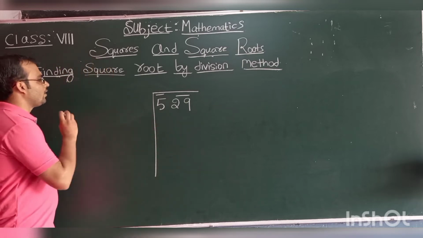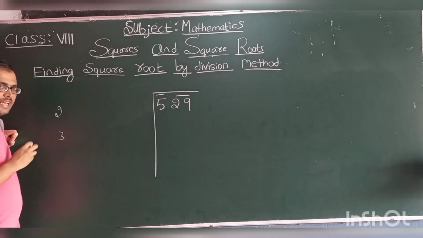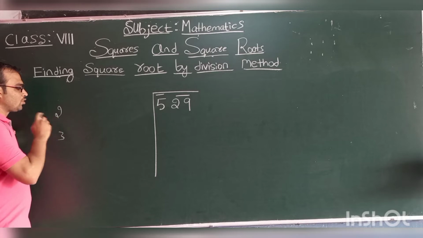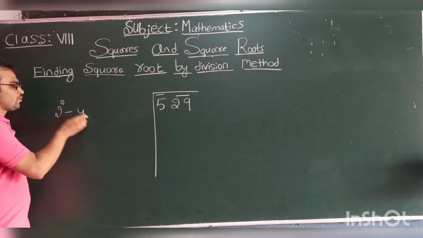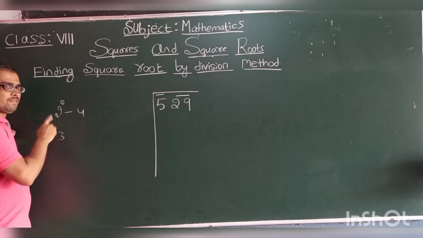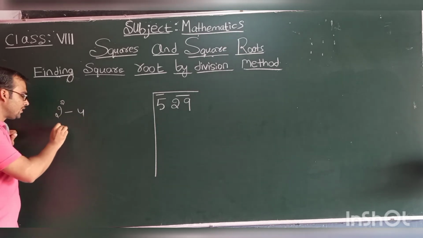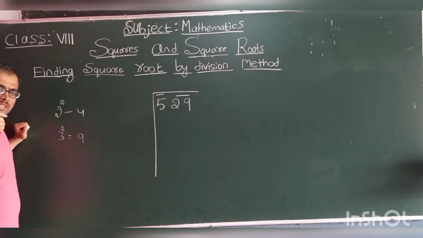If we take 2 and 3, when I square 2, what do we get? 4. So 2 square is 4, which is less than 5. If I consider 3, what is 3 square? 9.